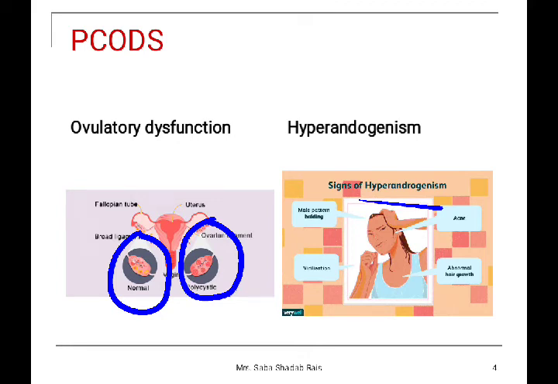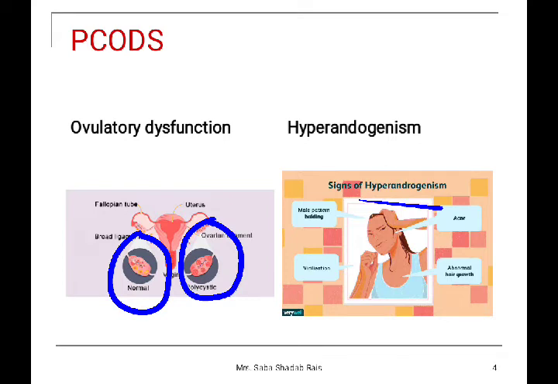hyperandrogenism. So what happens? When the level of insulin is elevated in the body, when you take more and more glucose, more and more carbs in your diet, that means you are eating lots of junk food. Understood? At that time, hyperandrogenism happens.